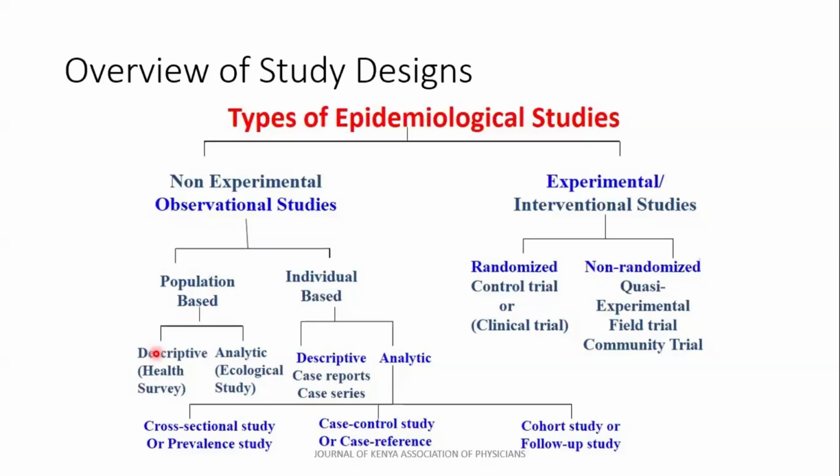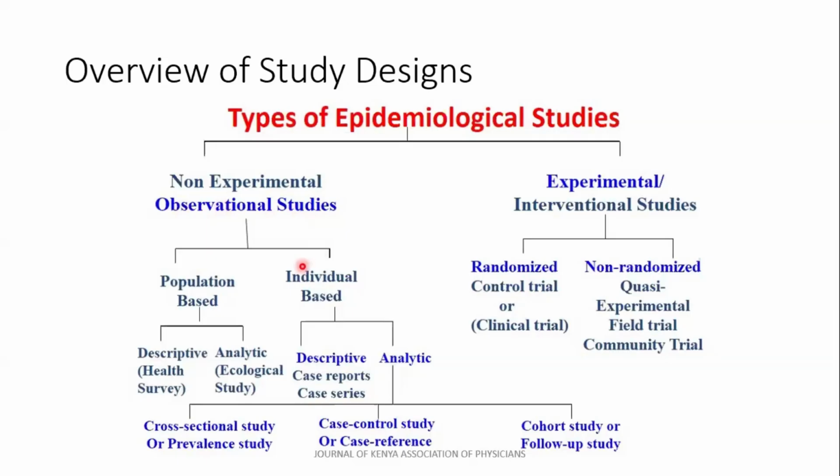So say age, gender, occupation, some of the common diseases that they have, for example, and these are also called health surveys, or they could be analytic. So we try and identify a relationship between some of the variables of that data. So if it's a relationship between maybe age and occurrence of a certain disease, or occupation and occurrence of a certain disease. So those are population-based observational studies.